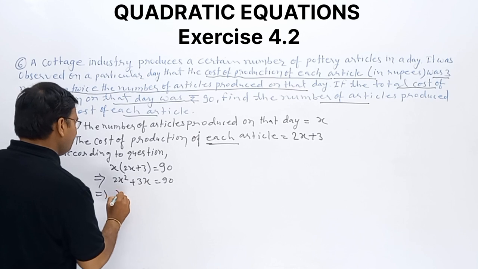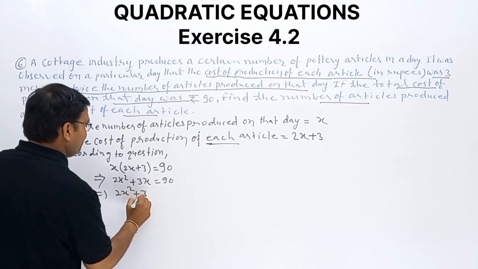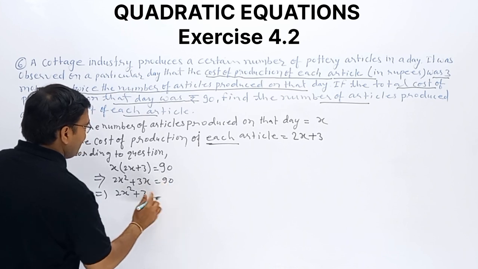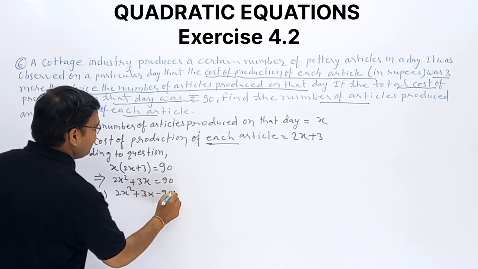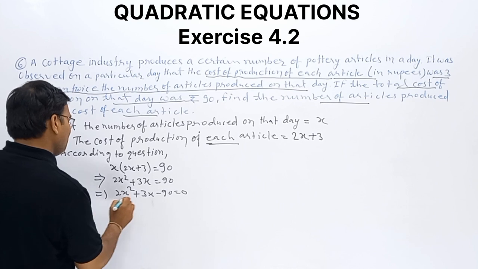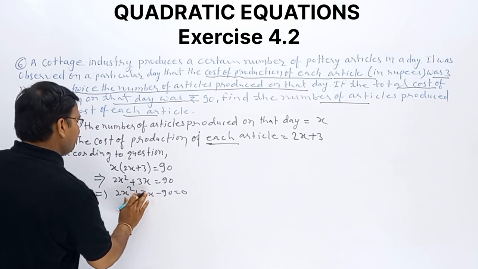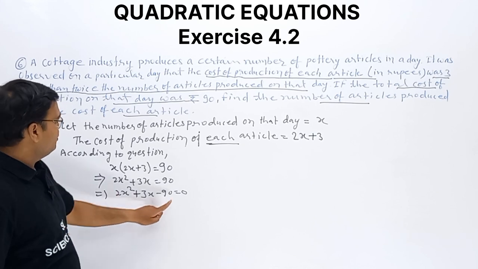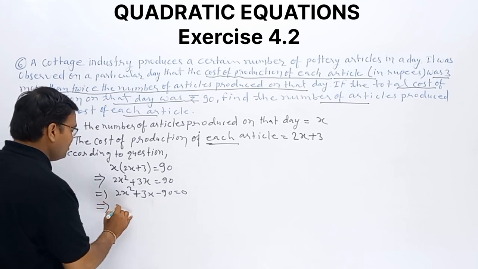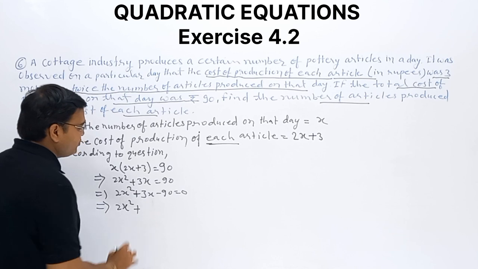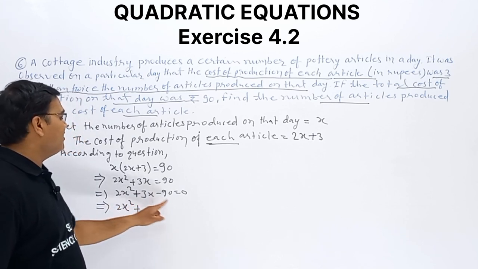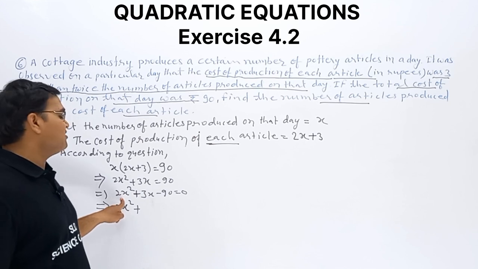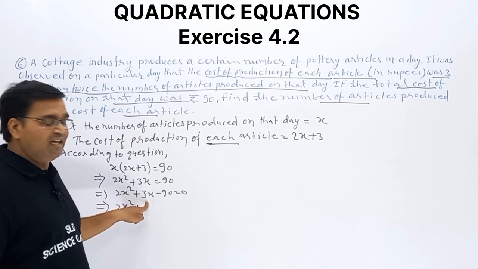Transpose from right to left: 2x square plus 3x minus 90 equal to 0. Now we cannot take anything common, so we will factorize this one. 2x square plus 3x minus 90. The multiplication should be minus 180 x square, and the sum will be 3x.